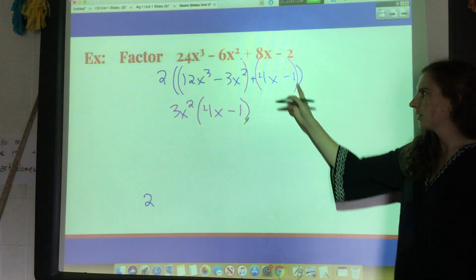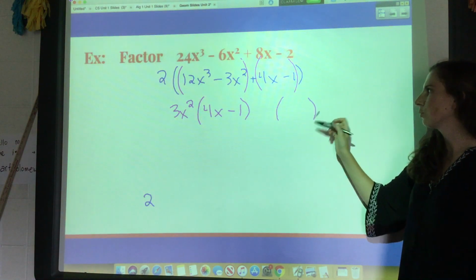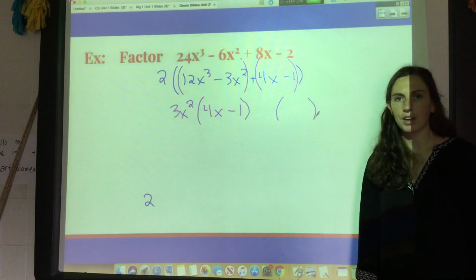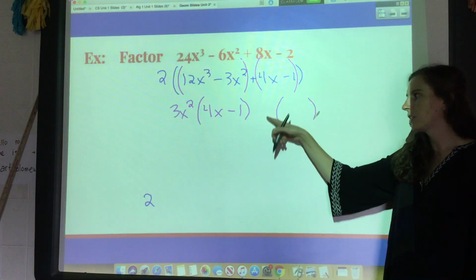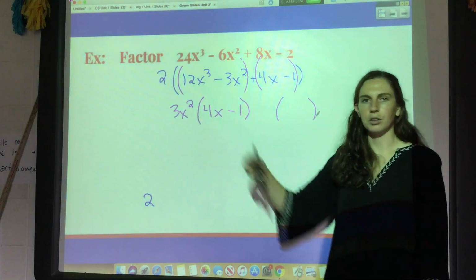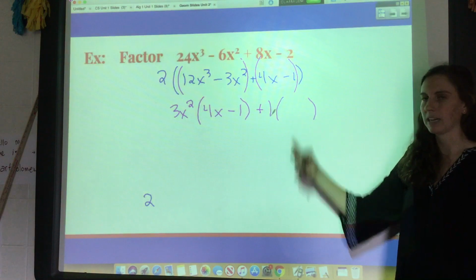All right, this one's going to be a little weird. In this group, there's really nothing that I can factor out. There's no GCF. But I do have to have something here to combine with 3x squared, so we're just going to put a 1, because 1 times anything is itself.